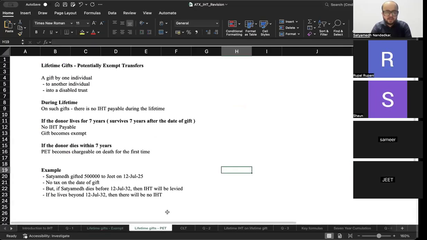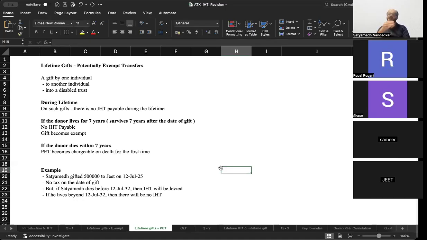Then there are certain gifts which are potentially exempt, which means if a gift is given by one individual to another individual, or if it is given into a disabled trust, then on such gifts there is no tax levied during the lifetime of the transferor. But if the donor lives for 7 years, then there is no IHT.